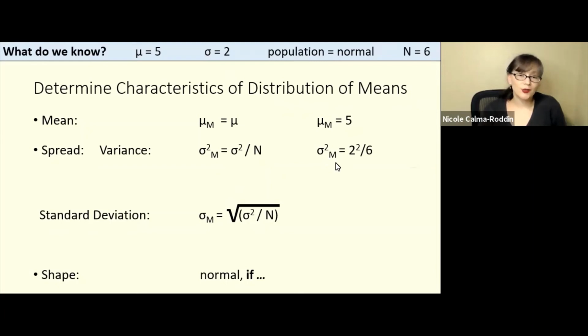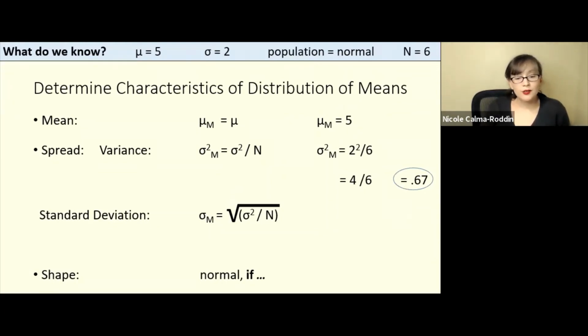So the variance of our distribution of means is going to be 2 squared over 6, or 4 over 6, once we use that exponent. And once we do that division, we get 0.67.